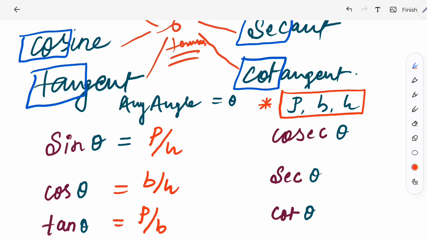Then what about these three remaining important terms, that is cosec theta? Students, just reverse the ratios of the sine theta. You'll get H by P. See, just reverse of P by H is H by P. What is B by H?